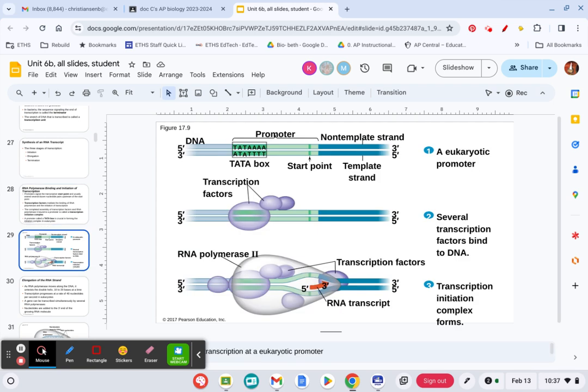Let's see. What do I got here? Okay. Top piece here is showing you the DNA. So we're upstream here. And here's my TATA box.